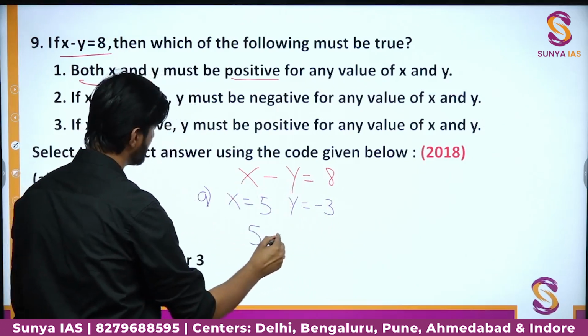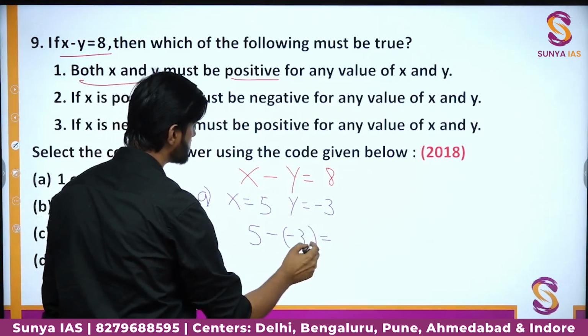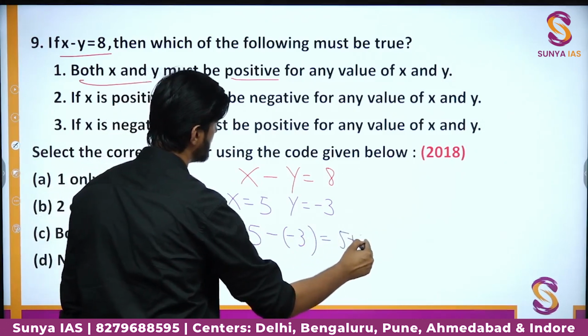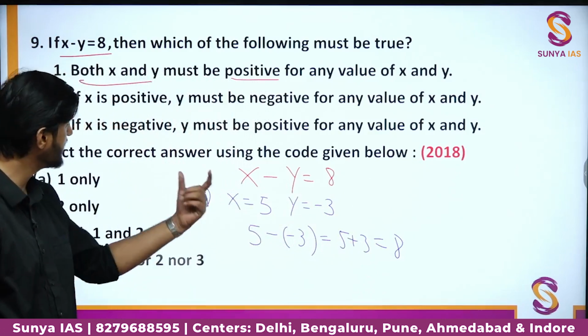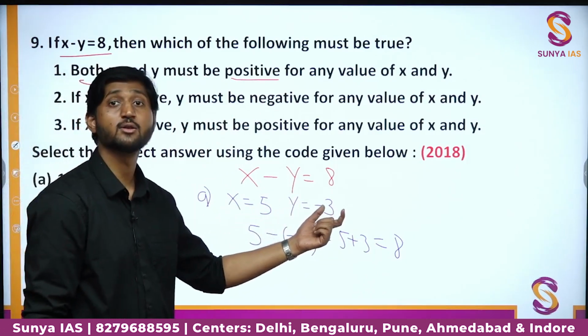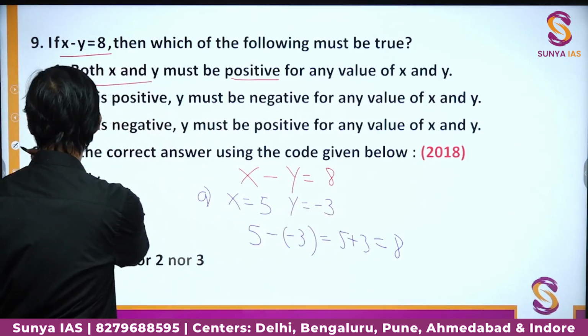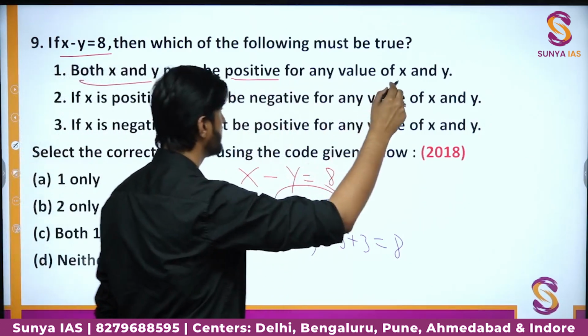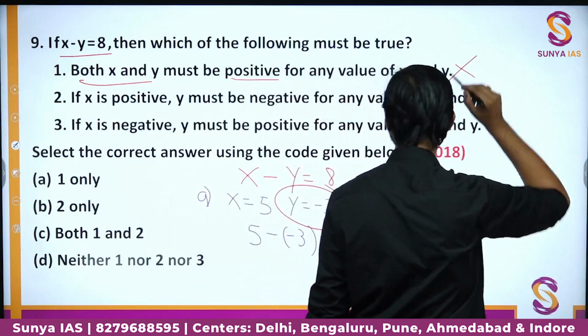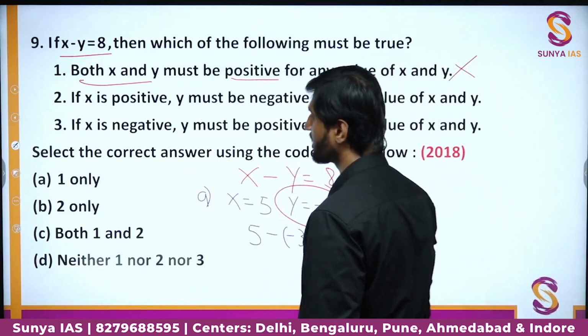It will become 5 minus minus 3, which is equal to 5 plus 3, and it is coming out equal to 8. So, it is satisfying the equation. But here you can see both of them are not positive, one of them can be negative also. So, this condition does not actually fit. So, I am just crossing out this particular statement.